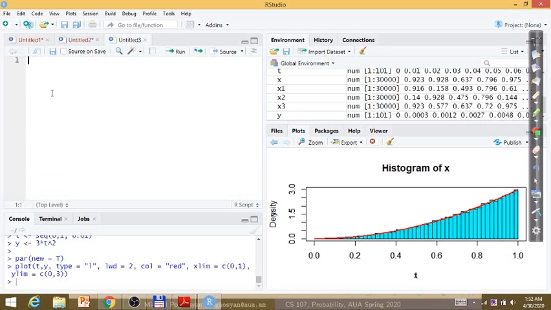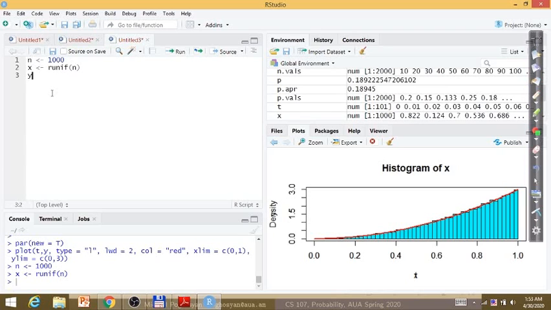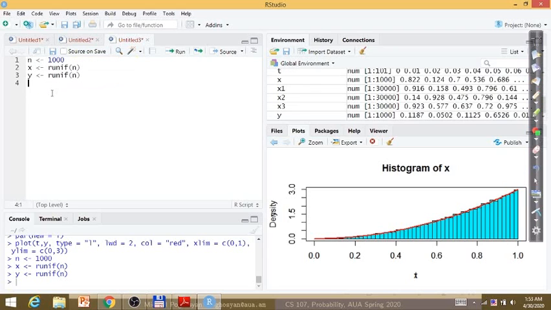Another R script. Very easy to do that in R. So n is say 1000. X is runif from 0 to 1. Independently, I am choosing y as runif, again n. Z is the sum of them, x plus y.